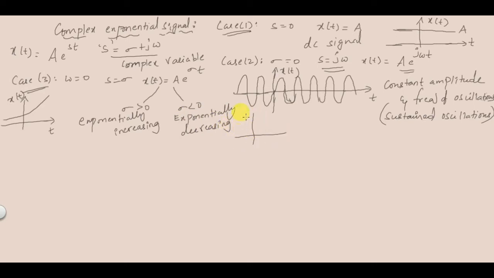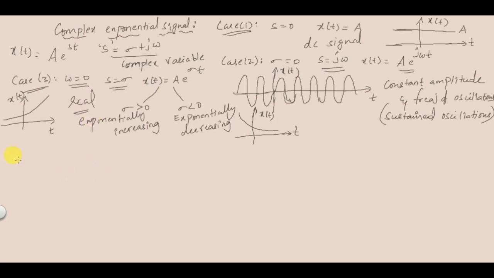So the graph will be like this. Okay, so this is x of t versus t. So this is the case 3 where omega is equal to 0. Now s becomes sigma and the complex exponential signal is converted into real exponential signal.